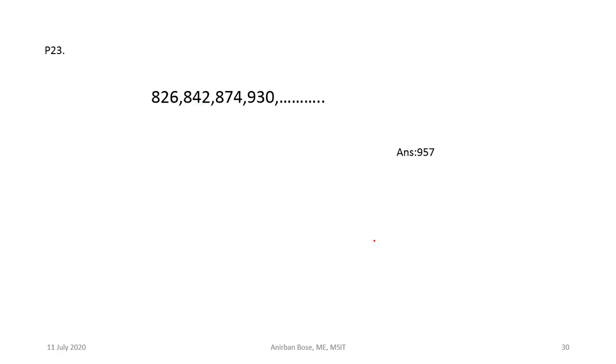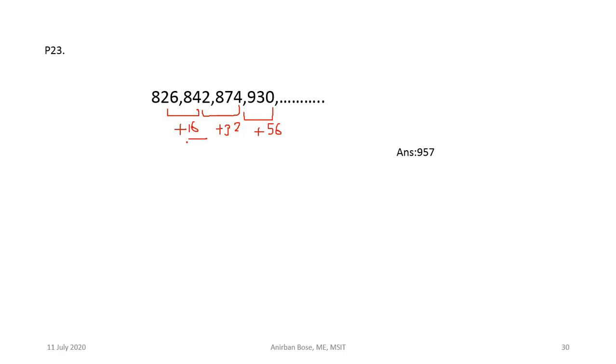Now coming to problem number 23. Find out the difference first. You are getting 16, 42 to 74, that is 32, 74 to 130, that is 56. It's 56, right? So what you can see here, look very carefully.